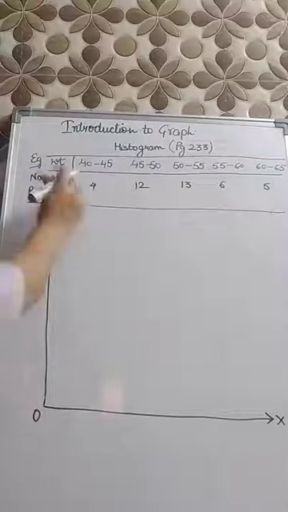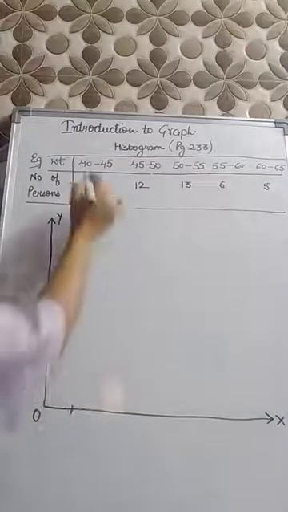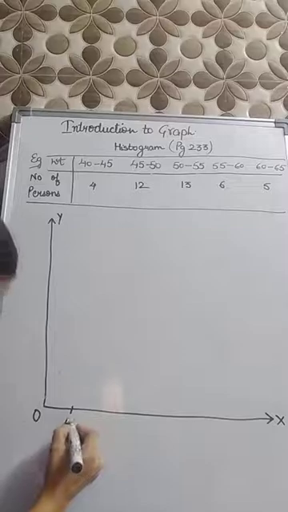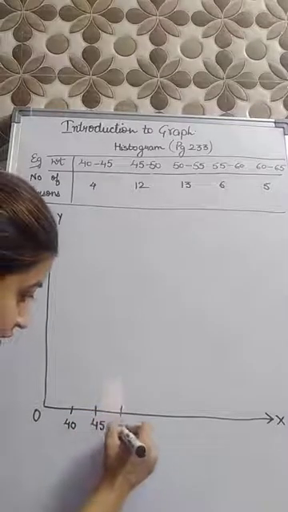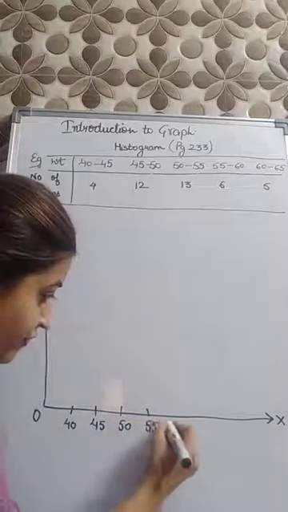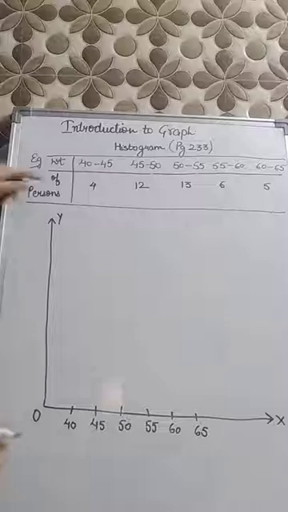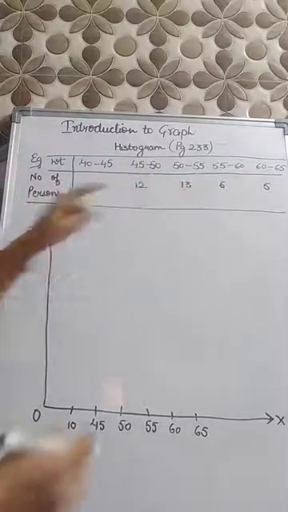Firstly, you will mark these intervals on your x-axis. The smallest number is 40 and the greatest is 65. So I'm starting with 40, then 45, 50, 55, 60, and this is your 65. On the y-axis you have the smallest number 4 and the greatest is 13.